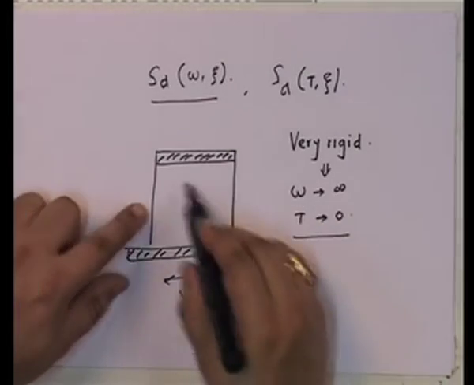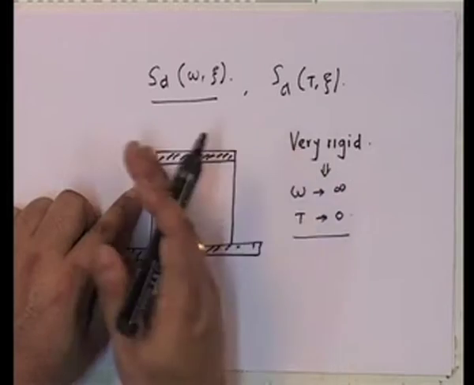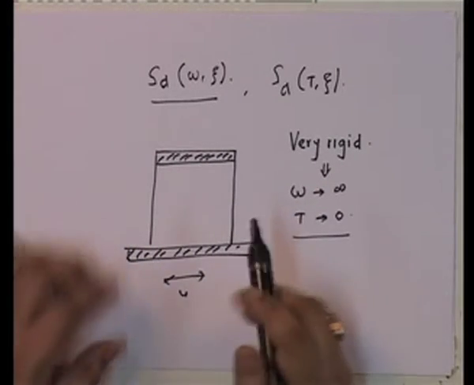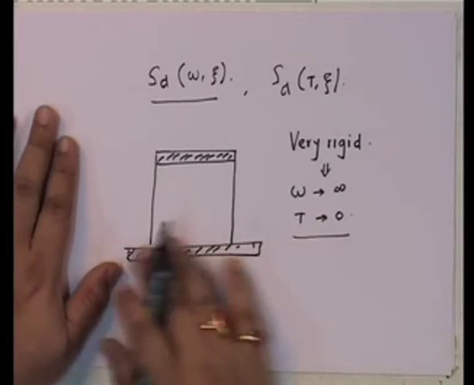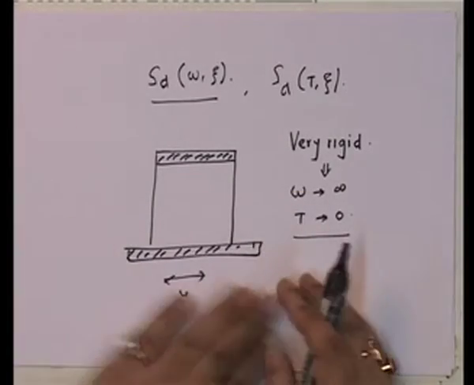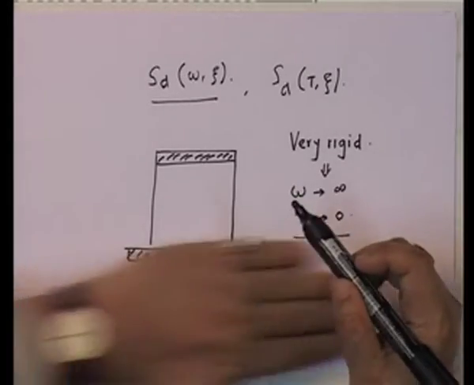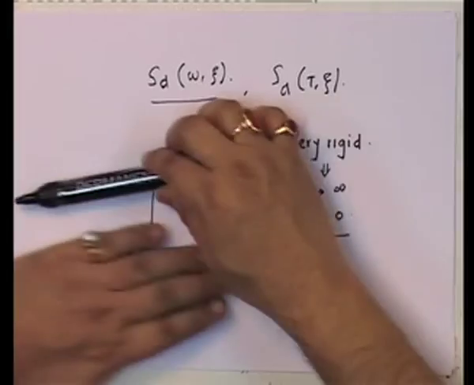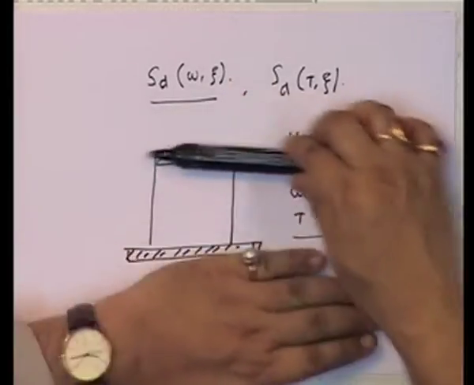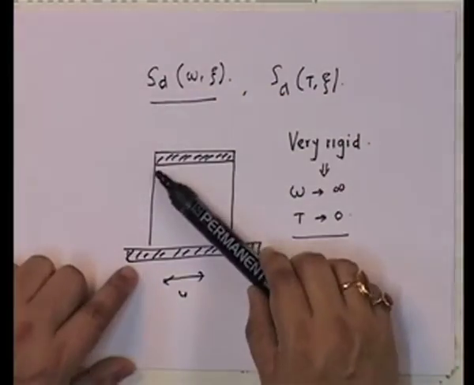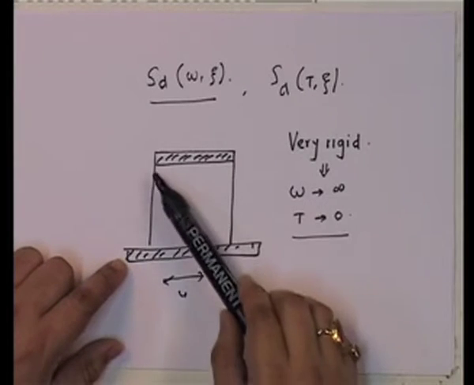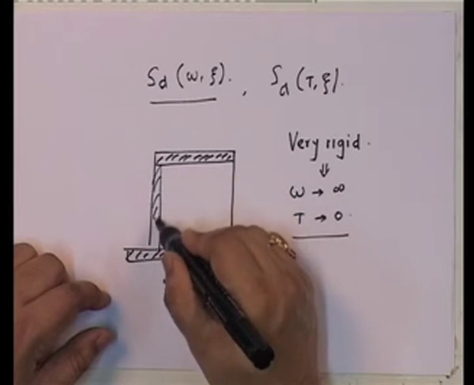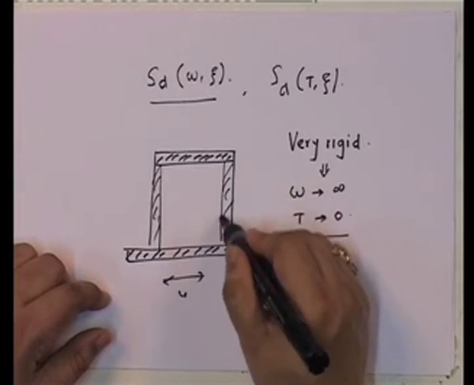Now, think of it: it is a very rigid structure, it is not being allowed to move at all. What would the deformation be? The ground is vibrating, but this is a very rigid structure, and deformation occurs in the structure.